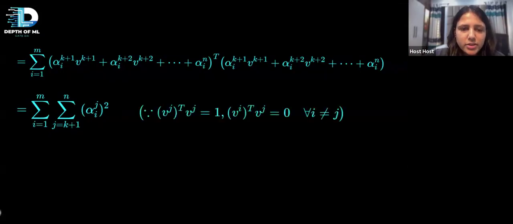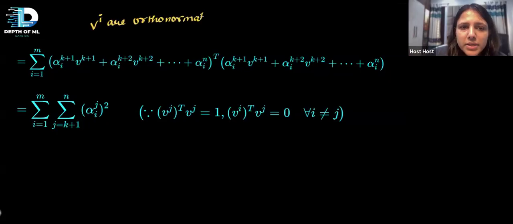So what I've done here is, see, I am multiplying these, right? So wherever this term is there, the same eigenvector is being multiplied with the same eigenvector, that'll give me just a dot product. And these vectors I know are orthonormal, right? So the vi's are orthonormal.